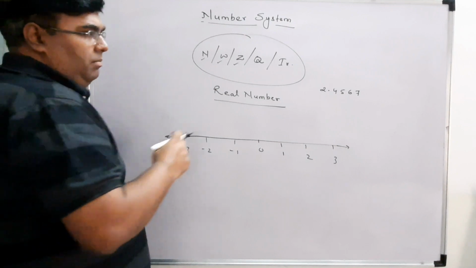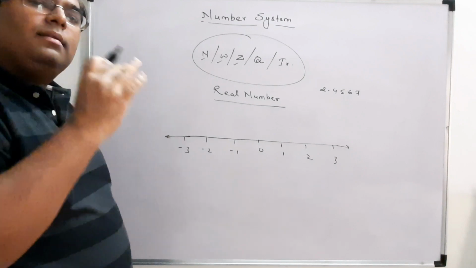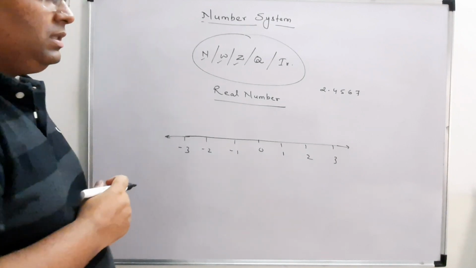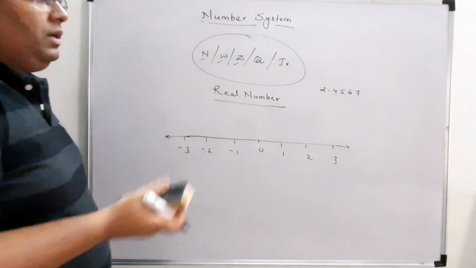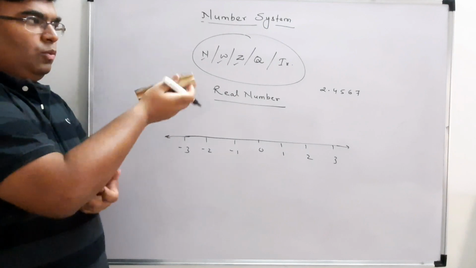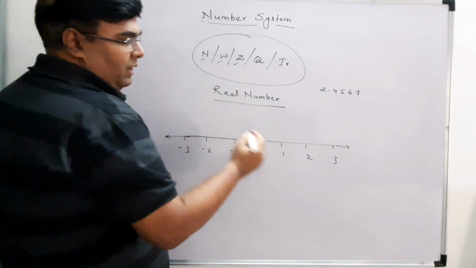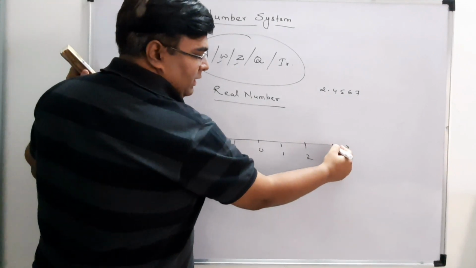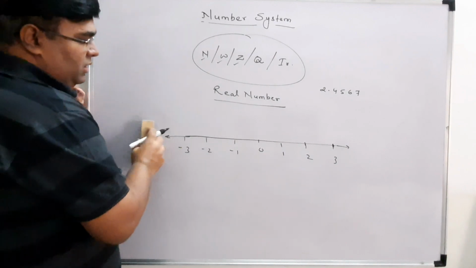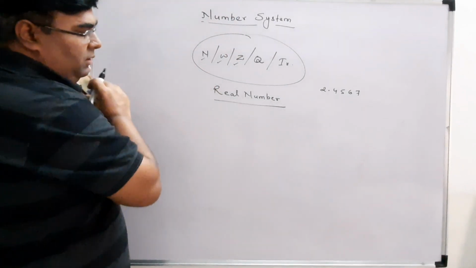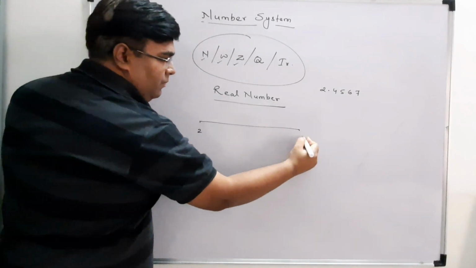So this number is basically what? It comes between 2 and 3, right? This number is between 2 and 3 because it is more than 2, it is 2.4567. It is more than 2 but it is less than 3. So basically this number will come under this part, 2 and 3. So what we can do, we can just enlarge this. We will make a number line of 2 and 3.